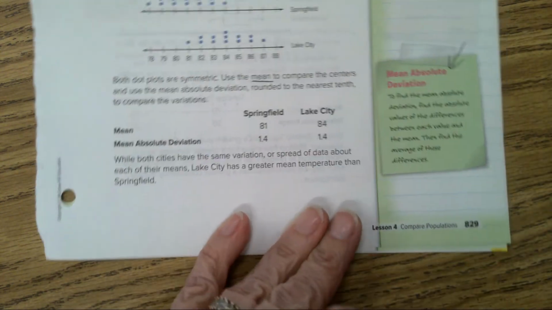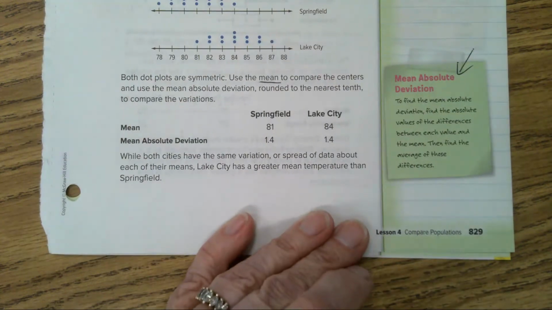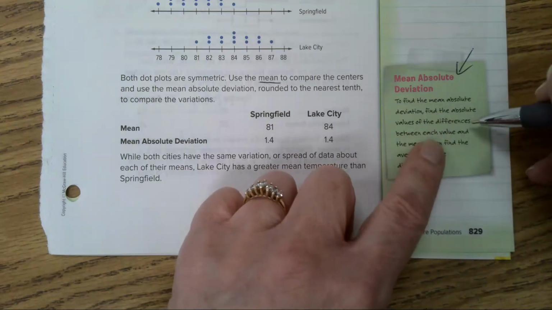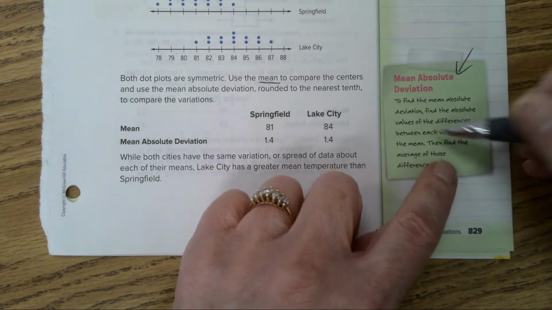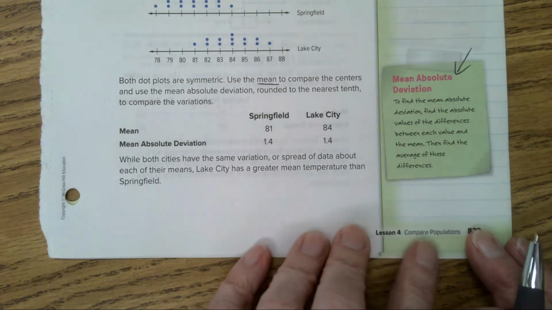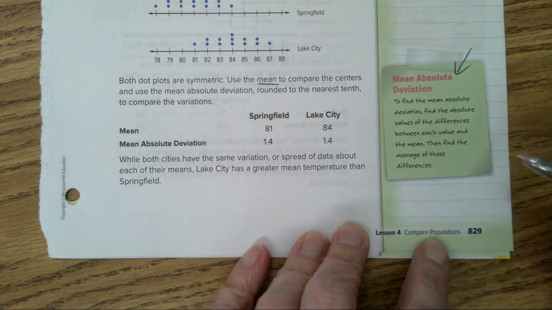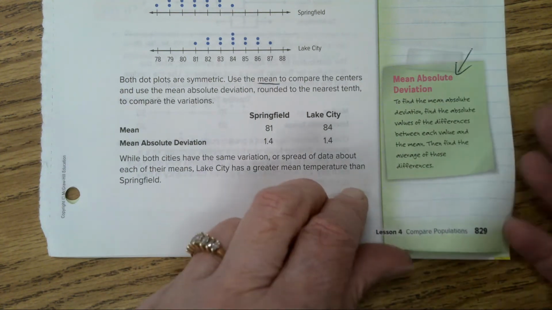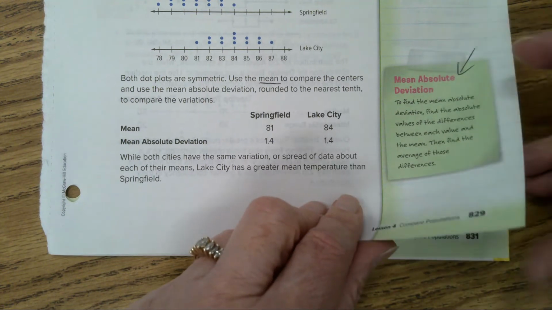To find the mean absolute deviation, you find the absolute values of the differences between each value and the mean. Then find the average of those differences. Right now we're not going to focus on that, but that's the definition. And when I want you to know more about it, I'll give you a specific lesson on it, okay?